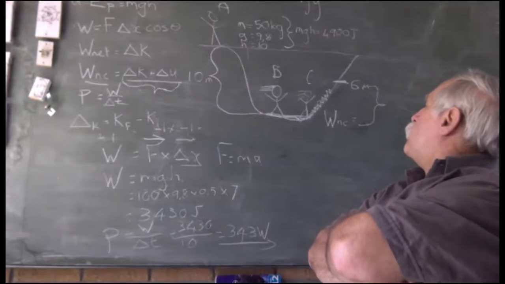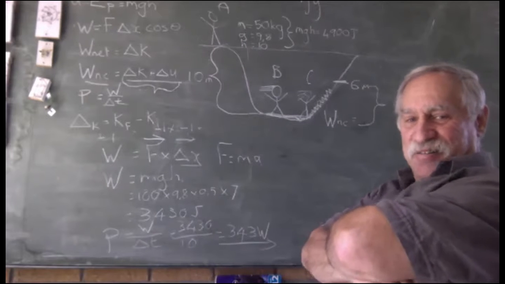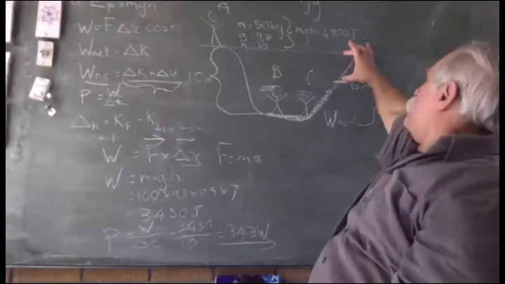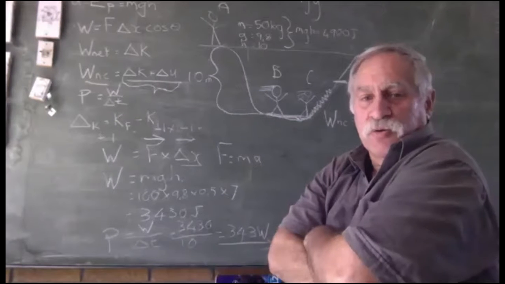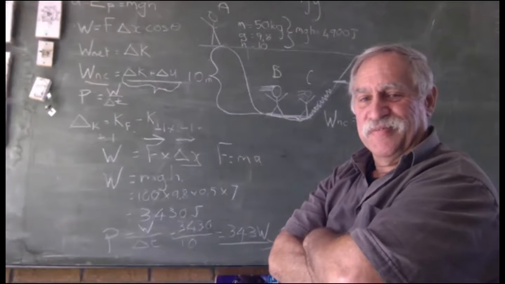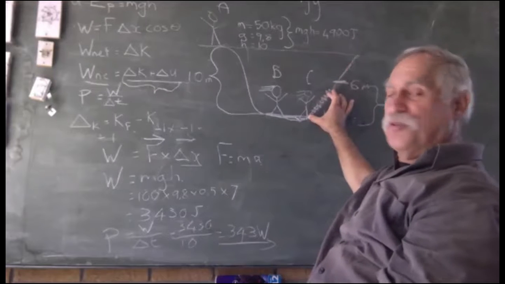She comes to a halt. What happened to those last 4 meters worth of energy? Where did it go? She would have that amount of energy normally. Where did it go? It went into friction.